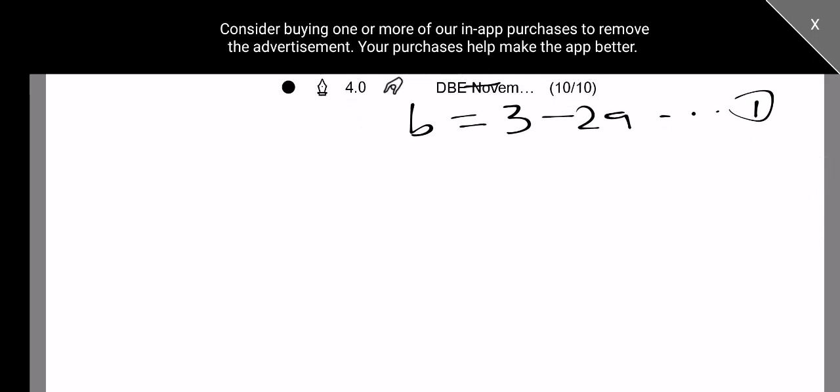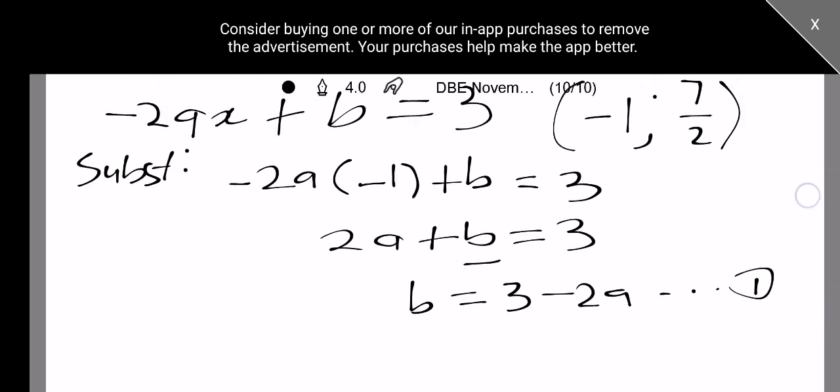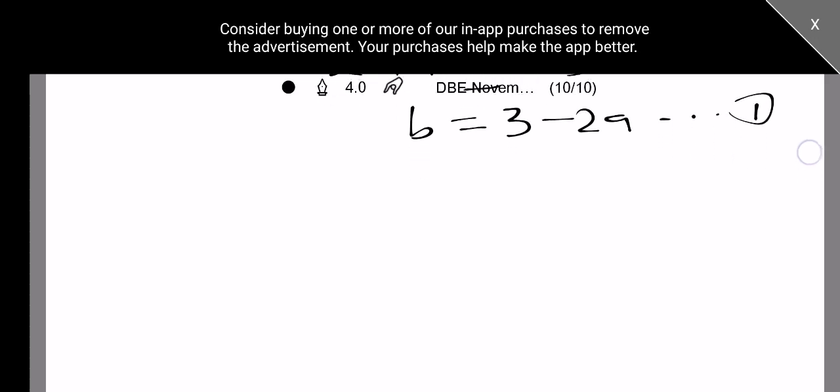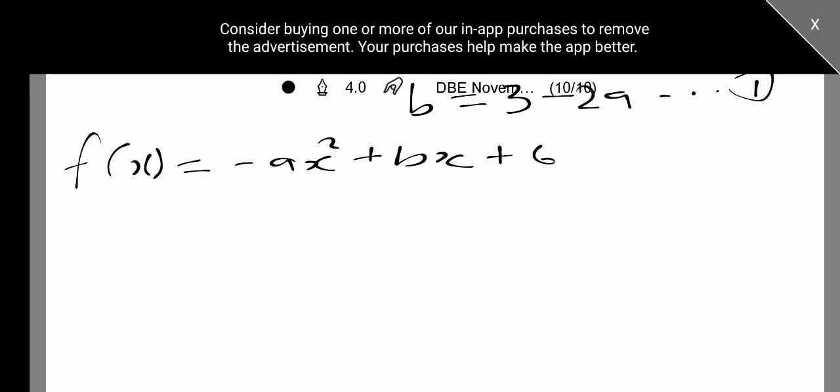Now again, let us use this point and substitute it here, because we are given the equation of the parabola, which was f of x equals -ax squared plus bx plus 6.